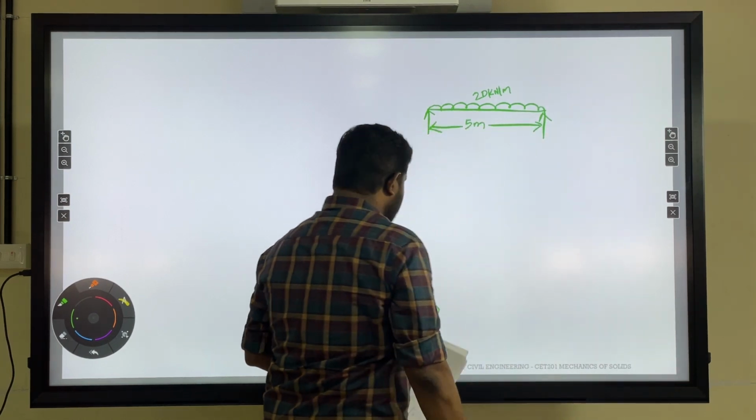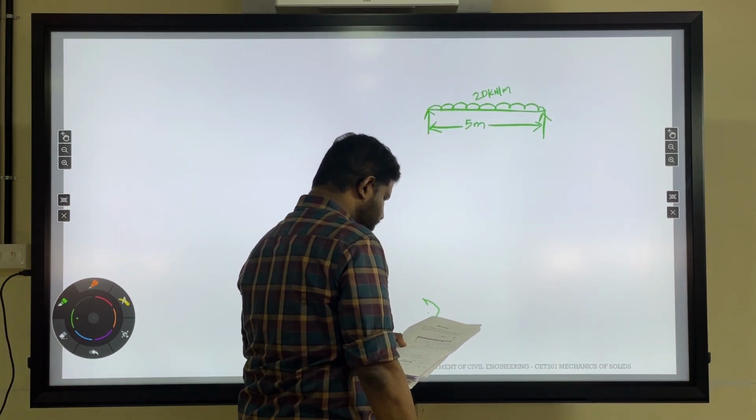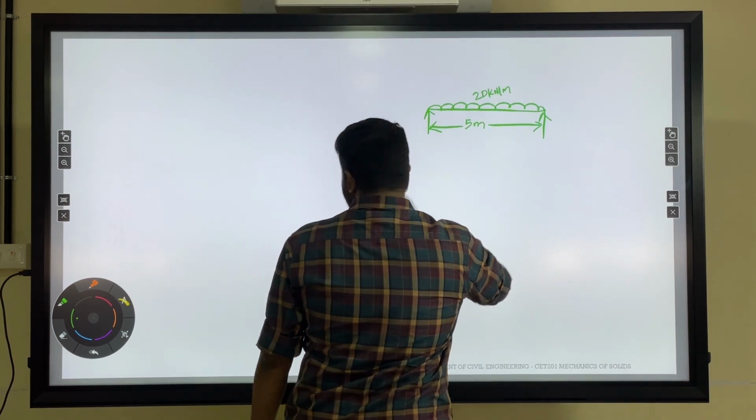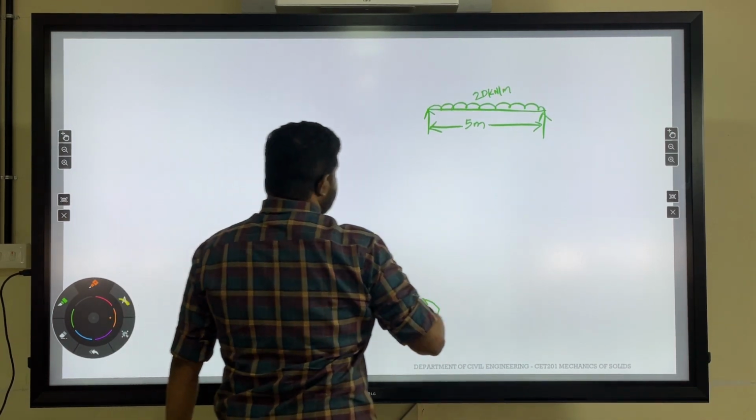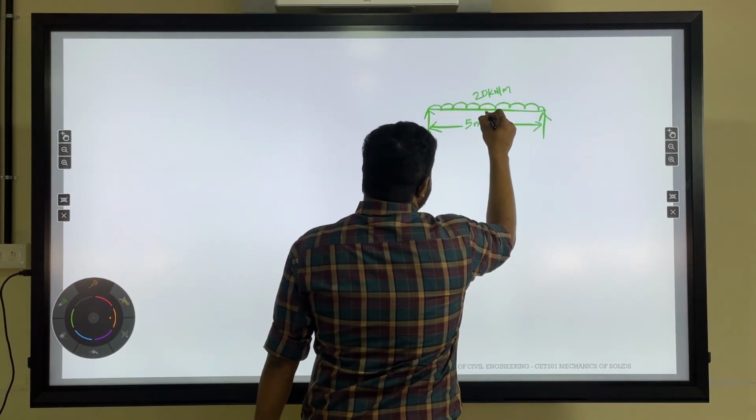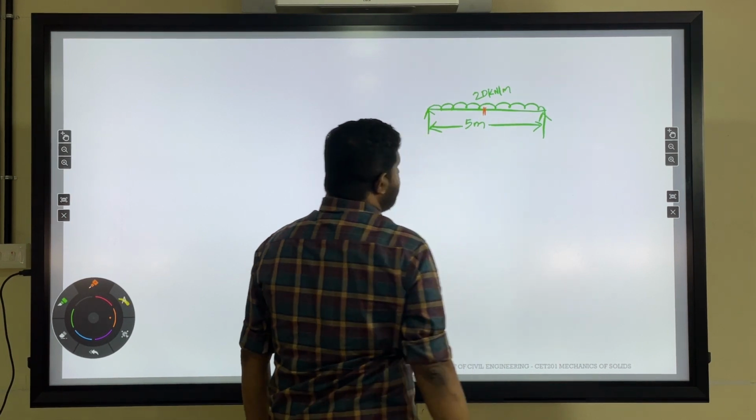And you are asked to calculate the bending stress and shear stress at the midpoint. So the question is to calculate the bending stress and shear stress value developing at this point.